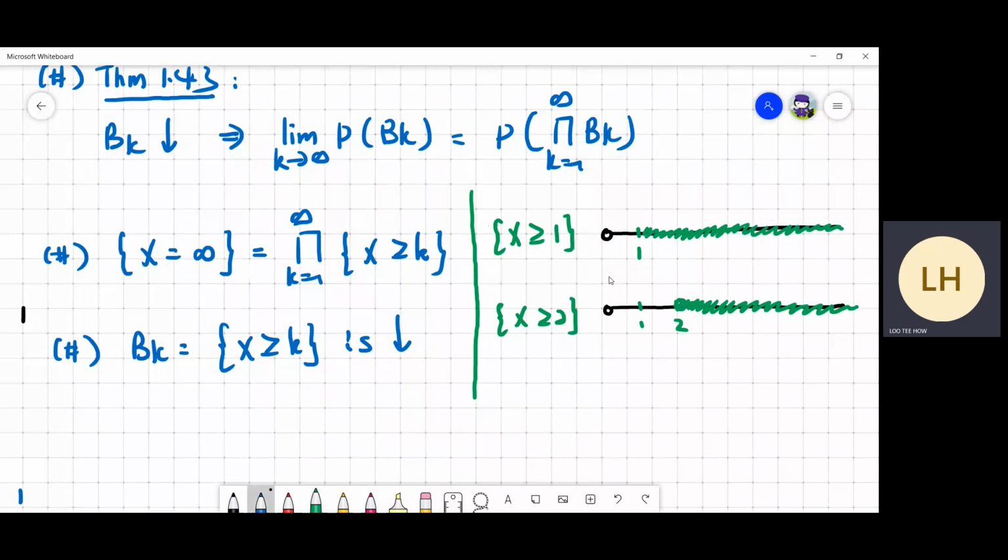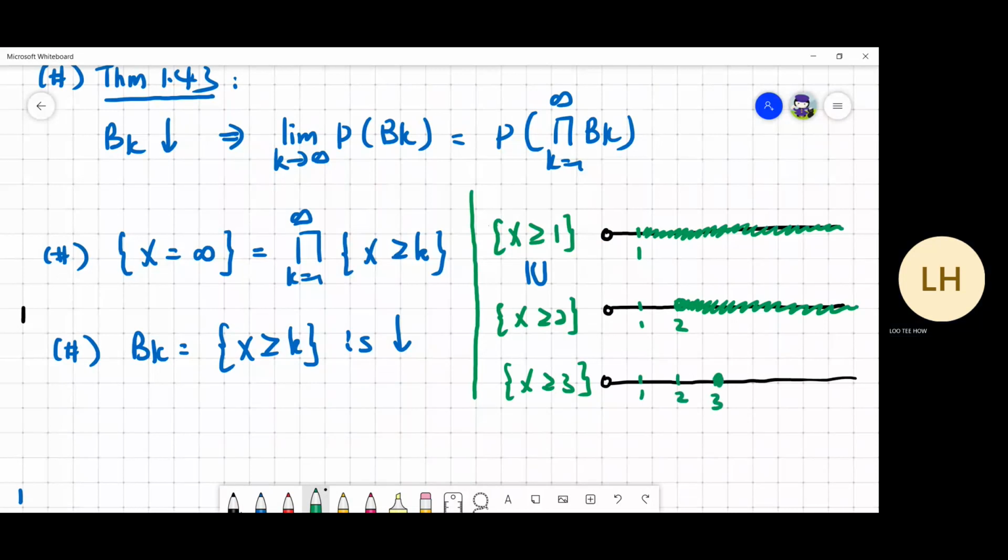Therefore, this will be smaller than this. Similarly, you can go to X greater than 3 by looking at the same argument here. So I have 1 here, 2 here, and 3 here. That means it covers these portions, so this belongs to here.